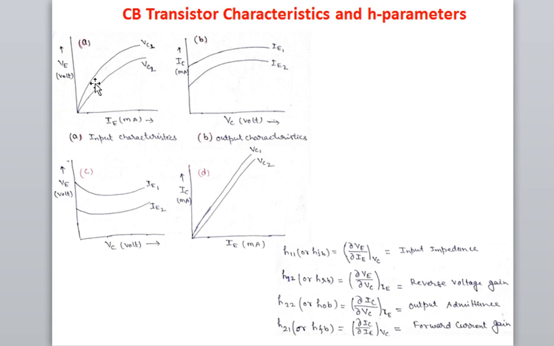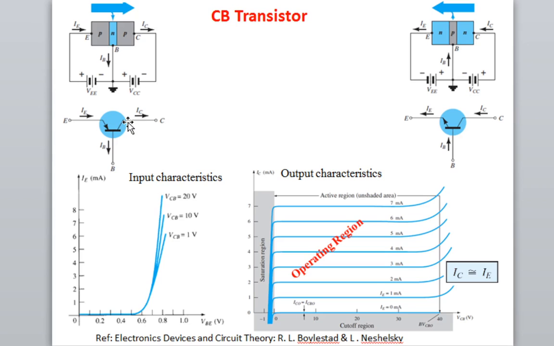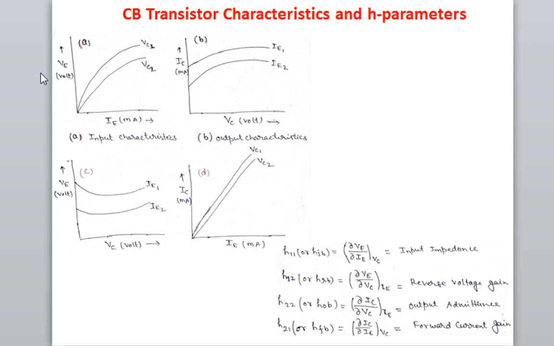Here I have mentioned input voltage and input current. If you plot input voltage on the y-axis and input current on the x-axis, this is known as the input characteristics. This is quite similar to before, but there I took current on the y-axis and voltage on the x-axis; here I have chosen voltage on the y-axis and current on the x-axis. Otherwise the graph is the same. This curve moves like this.